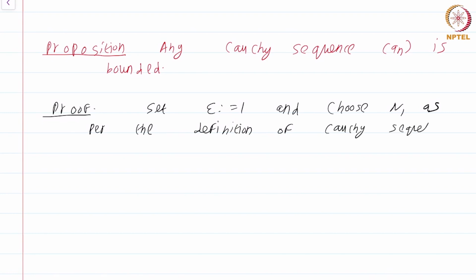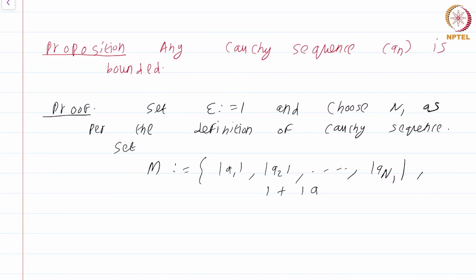Okay. Now I have to tell you a candidate bound for the sequence. Set M to be the maximum of |a_1|, |a_2|, ..., |a_{N_1}|, and then I add another term to this collection, that is 1 plus |a_{N_1+1}|.